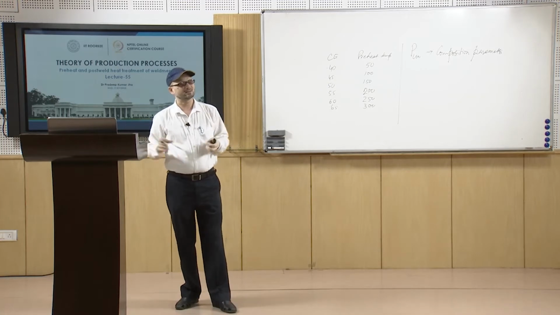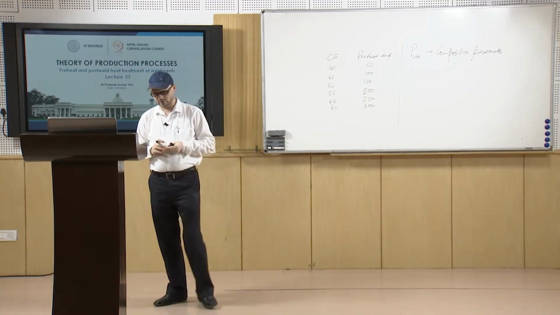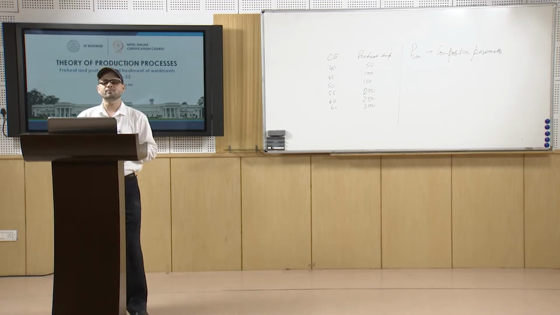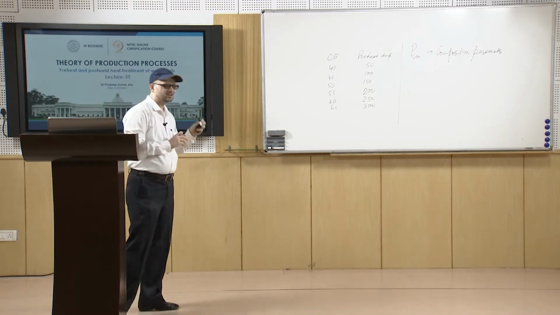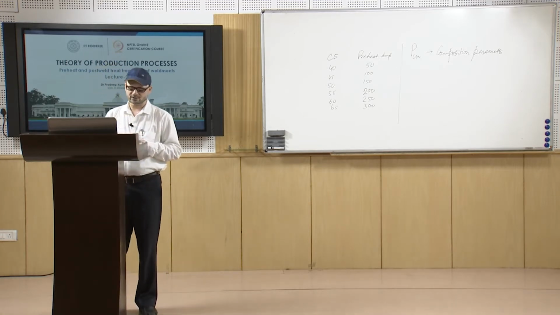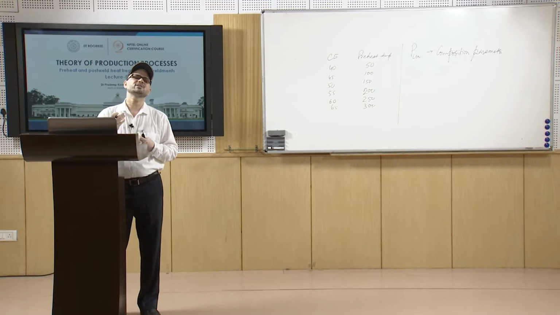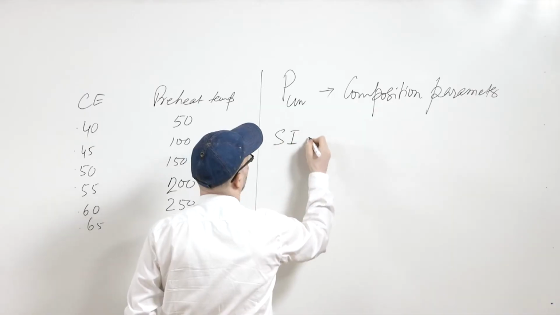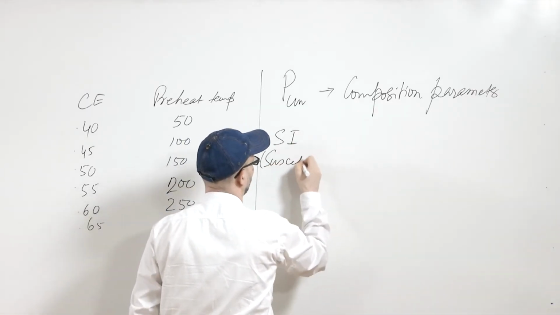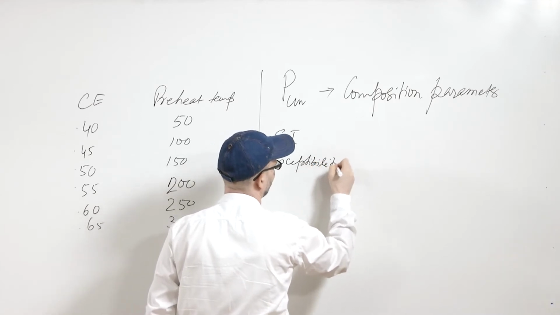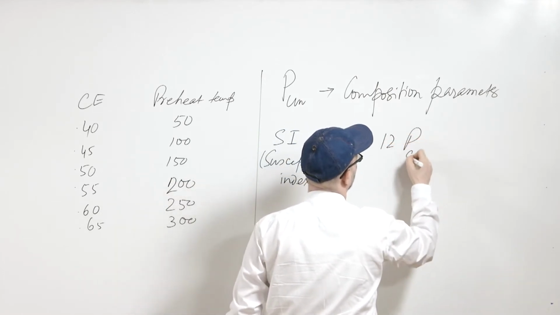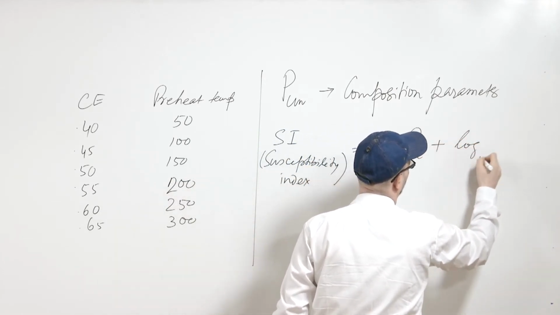Once you get the composition parameter, then you get the value of the susceptibility index depending upon the hydrogen level in that melt. So, the susceptibility index SI will be 12 times PCM plus log 10 of H.